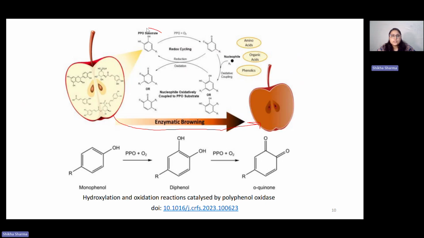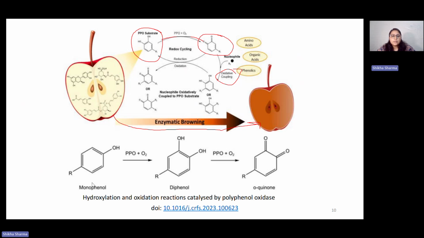The polyphenol oxidase substrate is there, and because of the enzyme polyphenol oxidase, it is converted into some product, which then further converts, as oxidation is happening. So oxidation coupling is happening, and some other products form, and these can be aldehydes or ketones, or any other compound which is going to form this brown color.